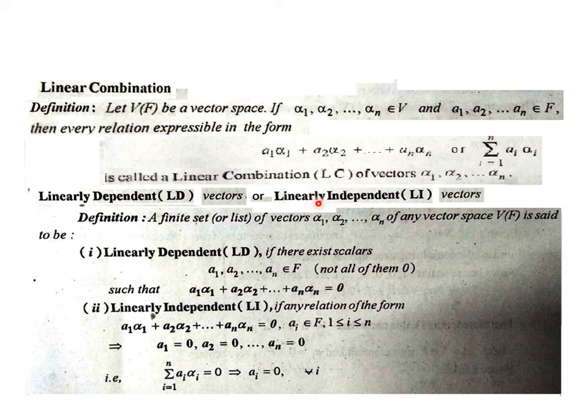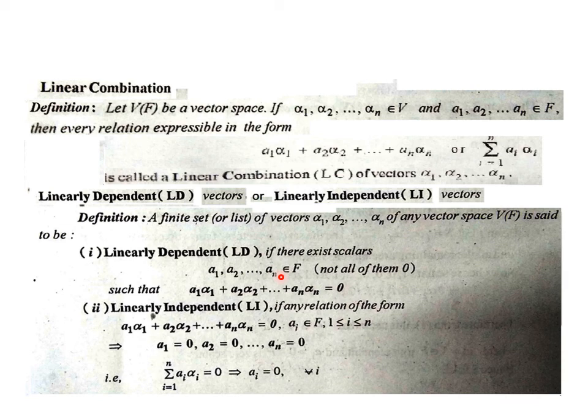If we have a finite number of vectors, that is n vectors, alpha 1, alpha 2 up to alpha n, of a vector space, then these vectors are called linearly dependent, LD, if for n scalars a1, a2 up to an, that linear combination which we were discussing just before is 0, but not all scalars a1, a2 up to an are 0. At least one of these scalars is non-zero, or maybe more than one scalars are non-zero.